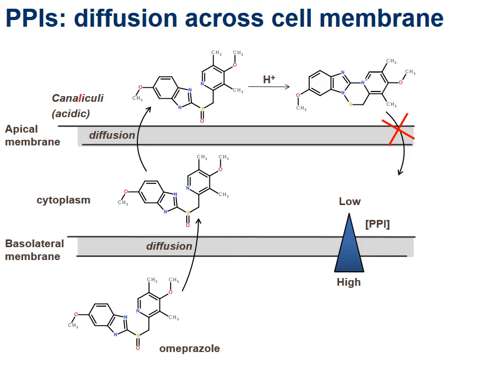However, here they encounter this very acidic environment, and so the proton pump inhibitor will rearrange to form this highly reactive intermediary species, and this species is charged, and therefore it is unable to diffuse back into the parietal cell. So it's trapped in this acidic environment in the canaliculi in the vicinity of the proton pump, with which they will react via the cysteine side chains.